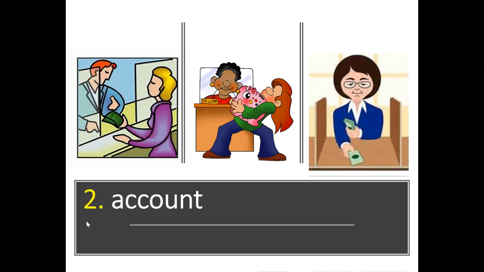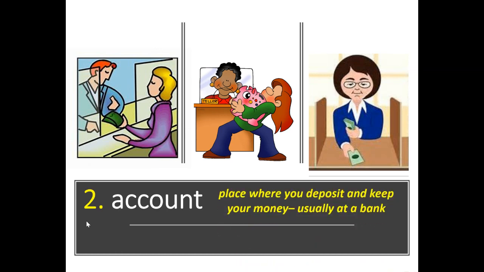Well, they all show account because you can have a bank account. So for number two, write account, ACCOUNT, account. An account is a place where you deposit and keep your money, usually at a bank.